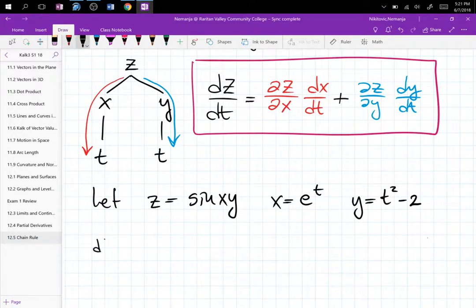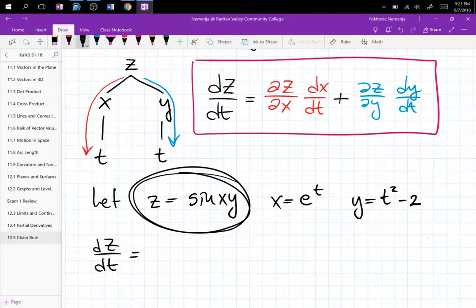So what is the partial z, partial t? Well, I need partial z, partial x. We will be looking into this one to get partial z, partial x. So partial z, partial x is the derivative of sine, which is cosine of xy, and then because I'm taking the partial derivative with respect to x, y is considered a constant, which is why y would pop up in front, times the derivative dx dt, which is just e to the t.